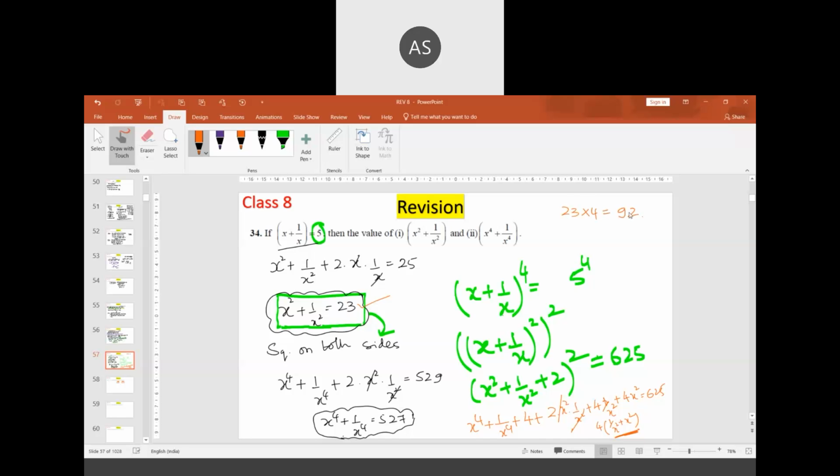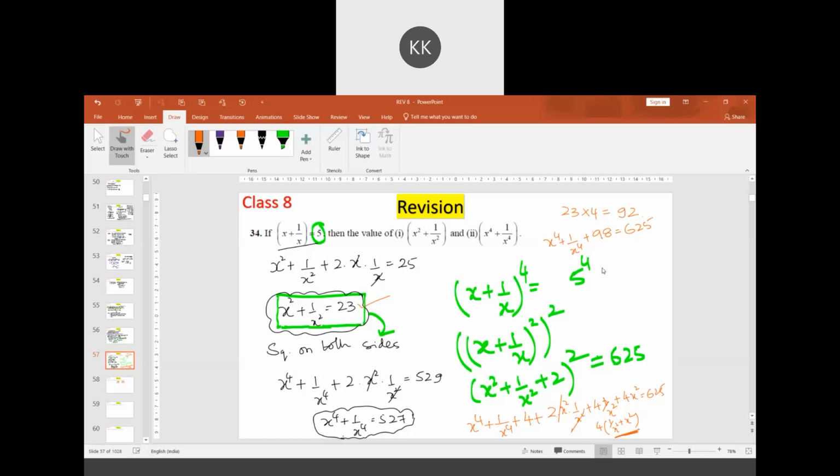Now let us substitute: x to the power 4 plus 1 by x to the power 4 plus 4 plus 2. 4 plus 2 is 6. 6 added to 92 is 98, which is equal to 625.